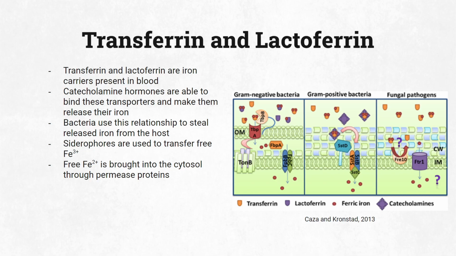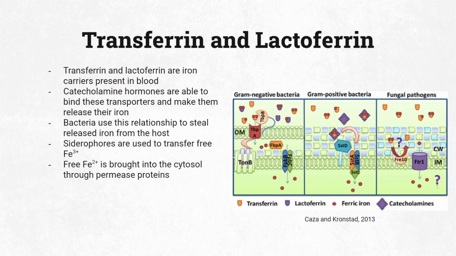In times of stress for the body, catecholamine hormones such as epinephrine and norepinephrine, stress hormones, can bind to these transporters and make them release their iron. And in the case of transferrin, when bound to a catecholamine hormone, when that iron is released, it can also be reduced into ferrous iron.